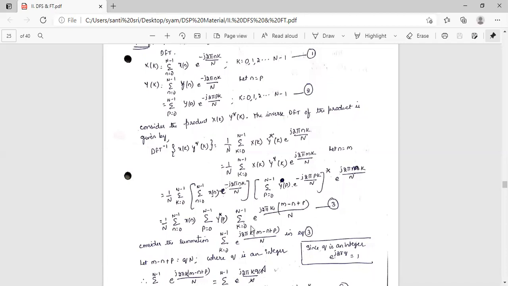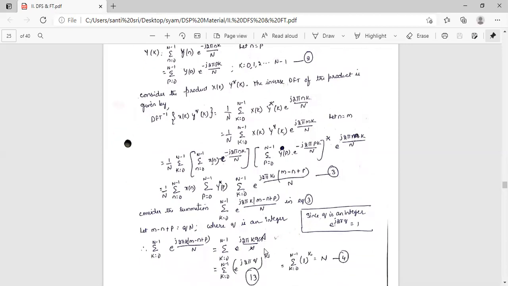into sigma k equal to 0 to N minus 1 e power j 2 pi k by N is common, and it is m minus n plus p. Okay, consider the summation sigma k equal to 0 to N minus 1 e power j 2 pi k into m minus n plus p by N in equation number 3.